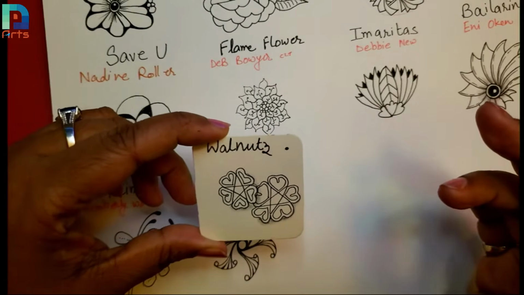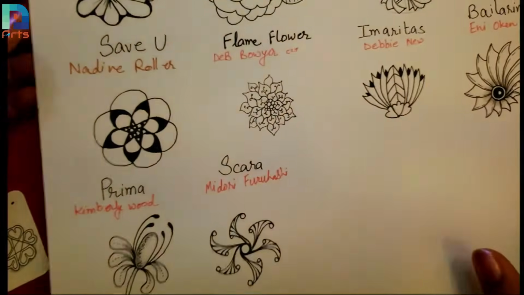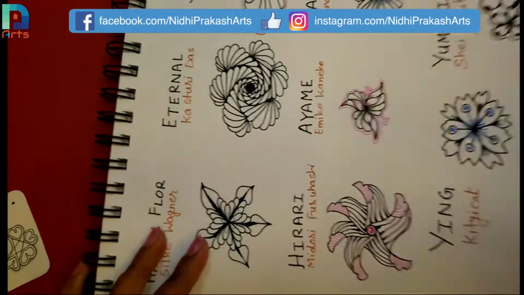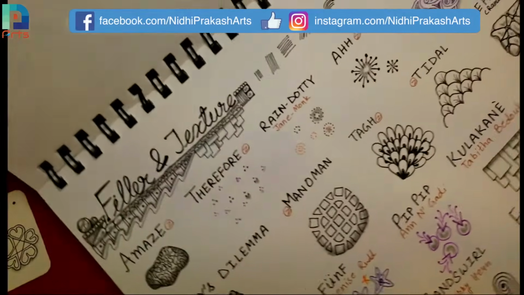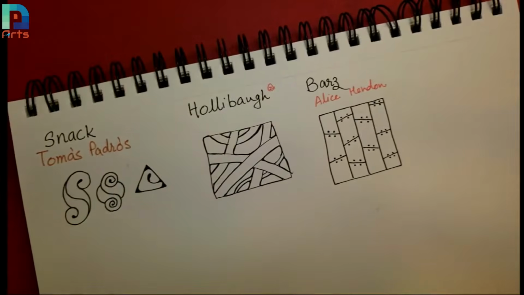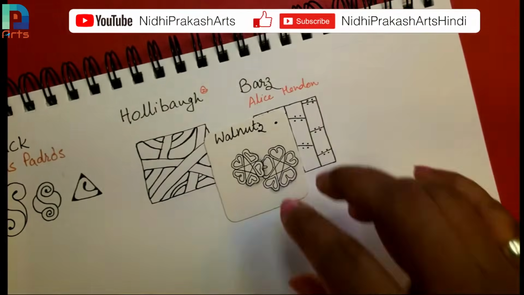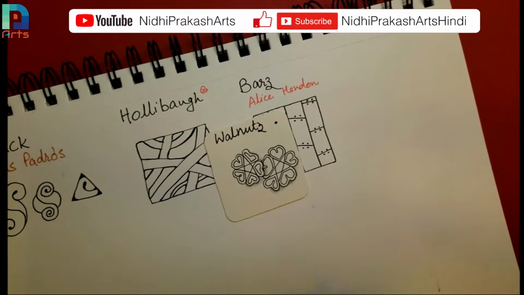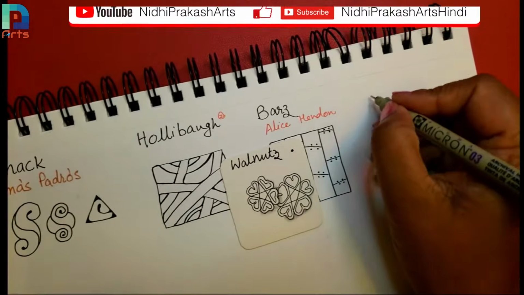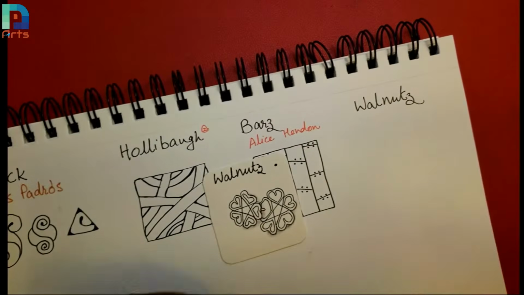It's kind of circularish, but instead of the circular and orb category, I would love to put it into the filler and texture tangles, so that we can draw it wherever we want to fill the space. Walnuts.